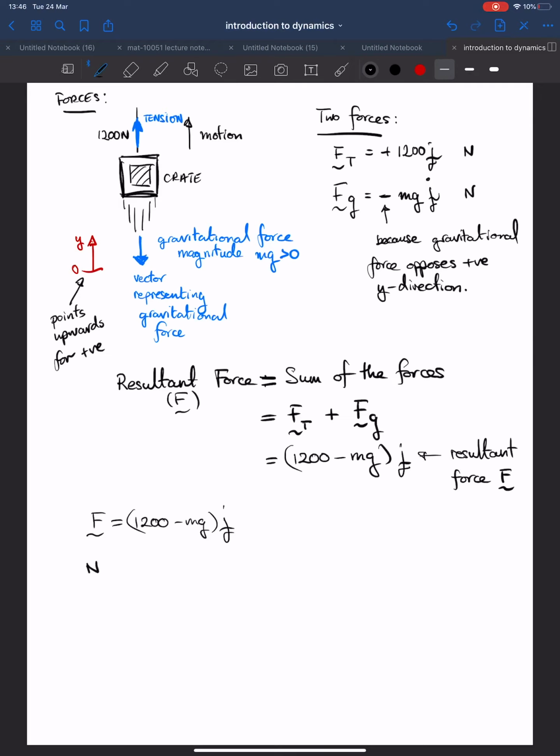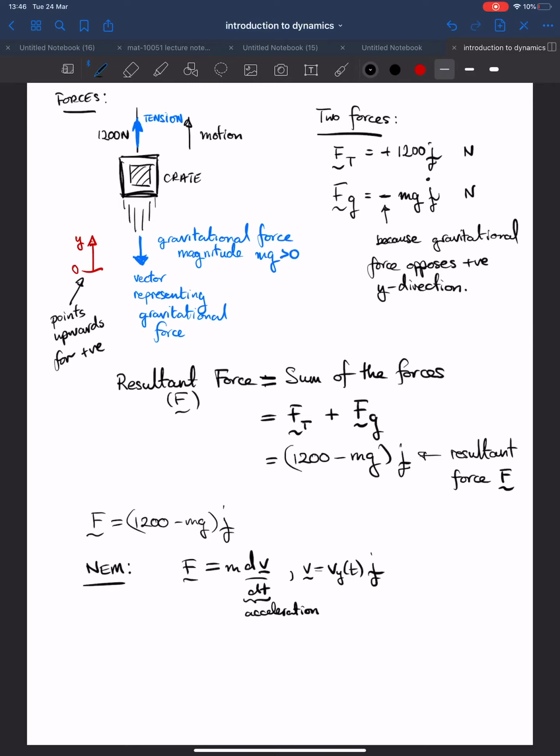Now Newton's equation of motion looks like this: F equals m dv by dt. As usual, we'll take v to be vy. Actually, let's keep it like this. It's not necessary because technically this is our acceleration. This is what we want. Acceleration is the derivative of the y component of the velocity, so this is our velocity.